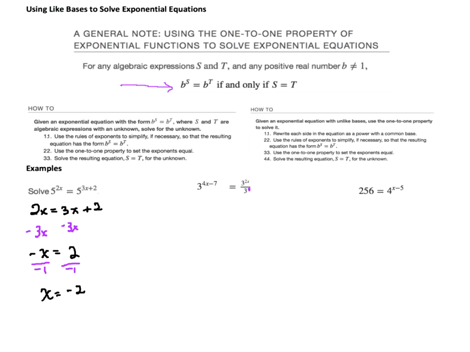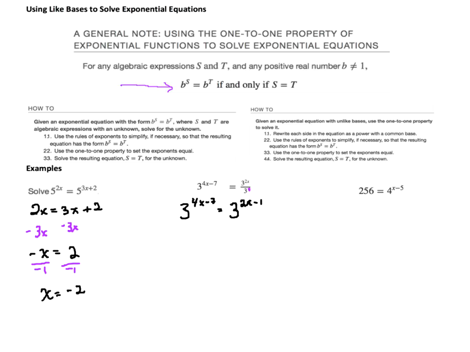So my right-hand side for right now is going to remain 3 raised to the 4x minus 7. And using my exponential properties, I know that this right-hand side can be rewritten 3 raised to the 2x minus 1. When you're dividing like bases, you subtract their exponents. That is the exponent property that we use there to rewrite the right-hand side.